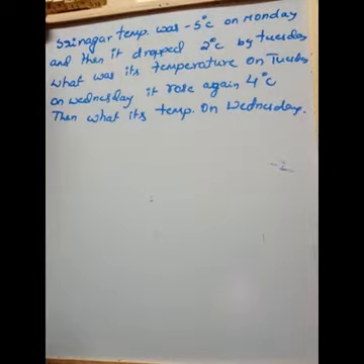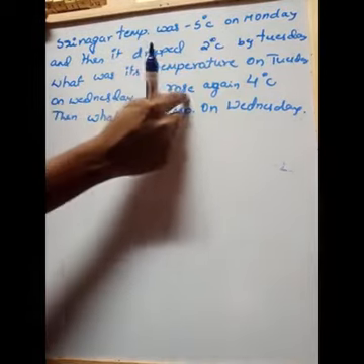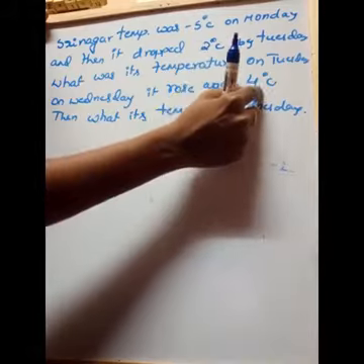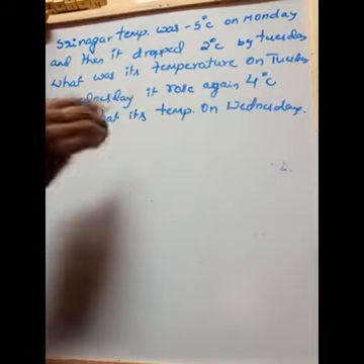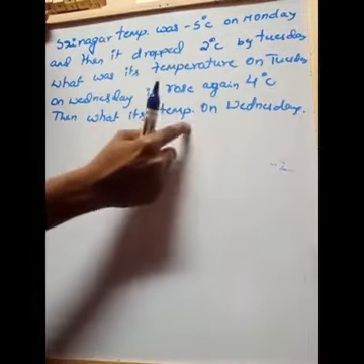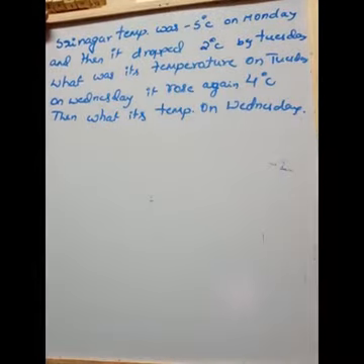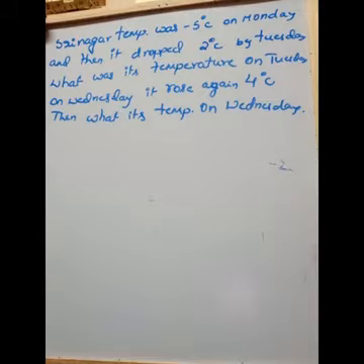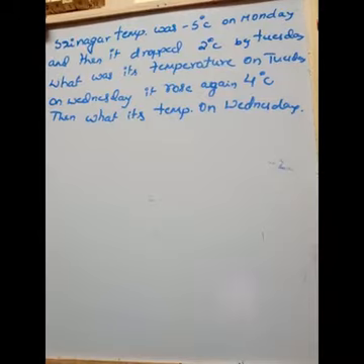First question, you have to find Tuesday's temperature. And again on Wednesday it rose to 4 degrees centigrade. Then what is its temperature on Wednesday? That is your second question.